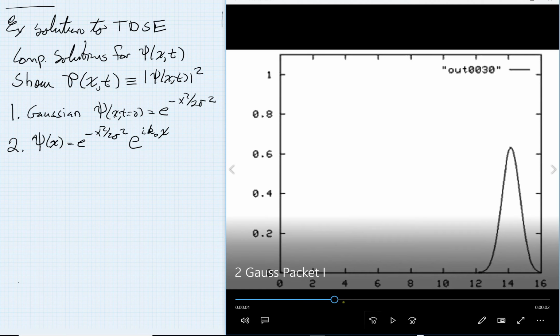When it gets to the very edge, you'll notice its little end leaks over into the beginning. What I've done here is I've applied in my solution a mathematical trick called periodic boundary conditions. I've basically cut out this one length of space and taped it back to itself. So when this wave function gets to the edge of my screen, instead of just going off the screen, it wraps around back on the other side. But I just want you to see that so you understand what you're seeing.